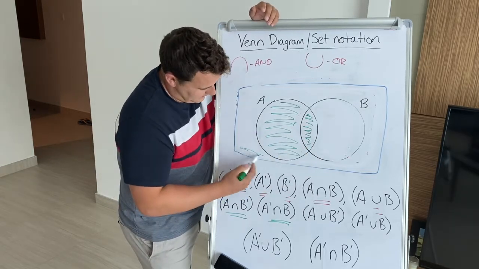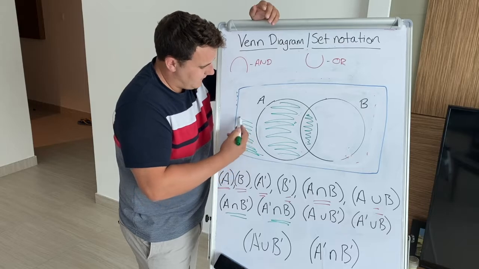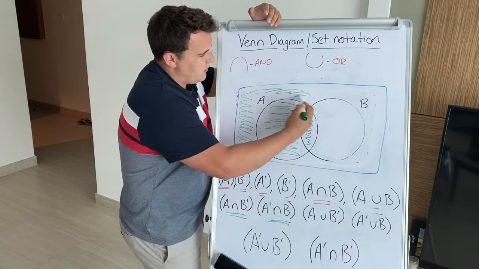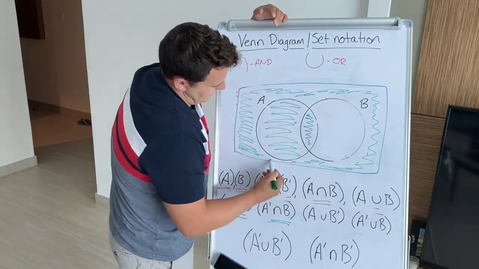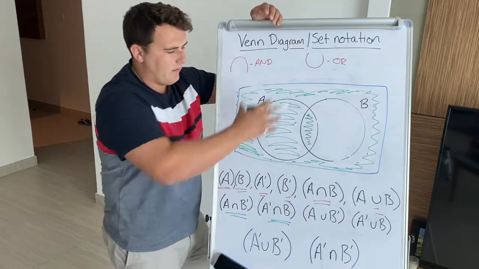or not B, and this is also not B, isn't it? So A or not B is everything in A and everything on the outside.